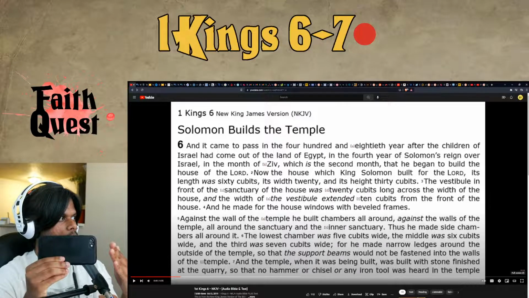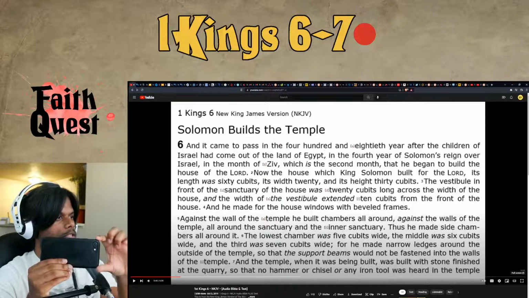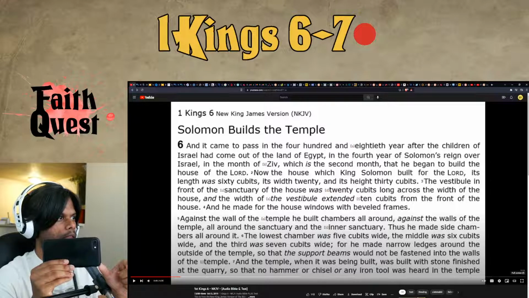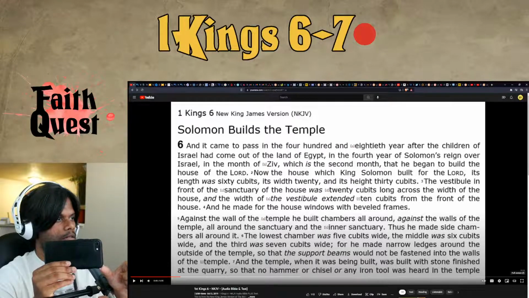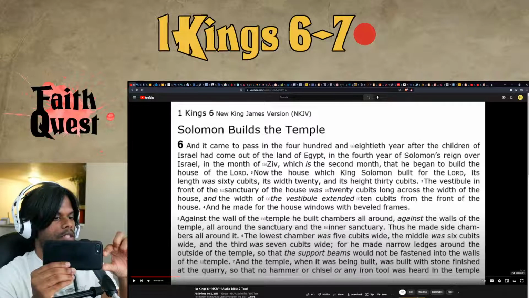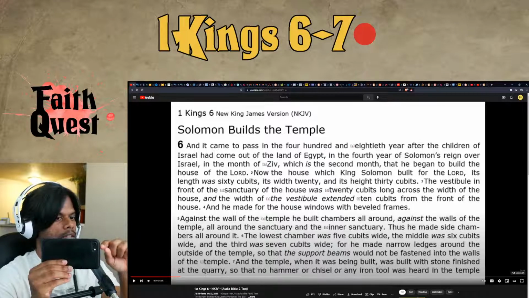The vestibule in the front of the sanctuary of the house was 20 cubits long, right? This is 20 cubits, and so this is 20 cubits, right? And the width of the vestibule extended 10 cubits from the front of the house. What does that mean? If the width is 10 cubits, that means it's only this much. So it's coming out like this.